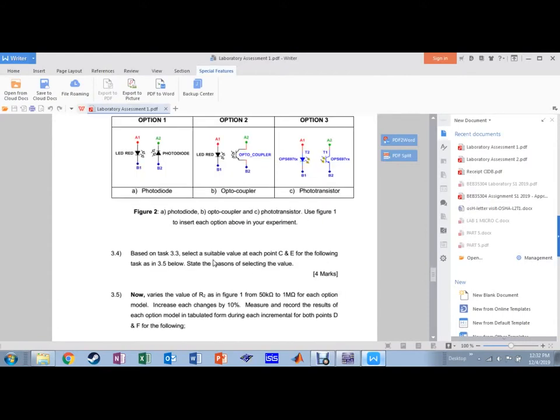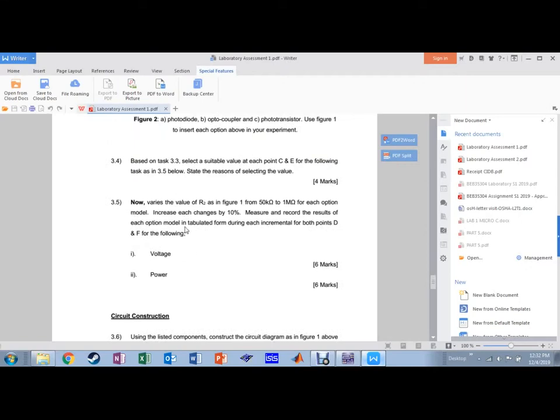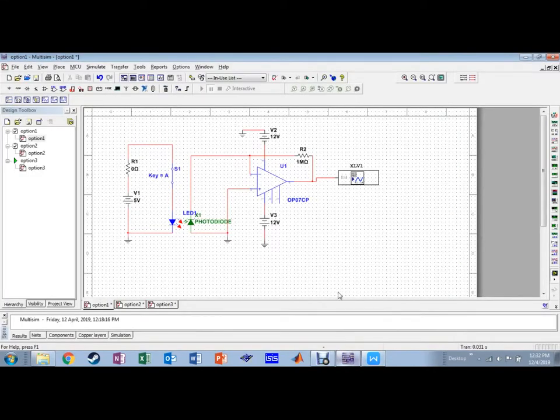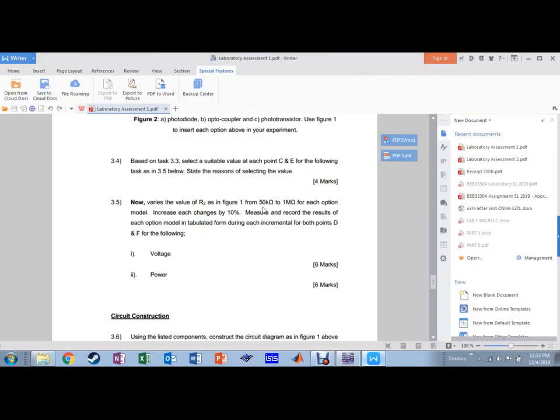Next, we need to vary the value of R2. Let's see R2 here, from 50k ohm to 1 mega for each option, which means photodiode, phototransistor and optocoupler. We need to use all those options of optic sensor.